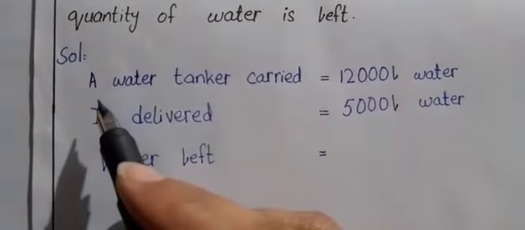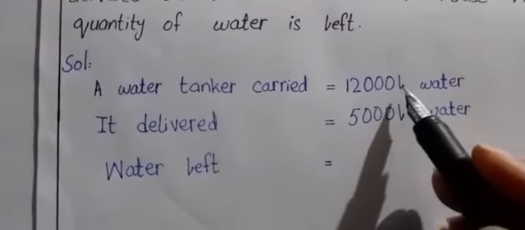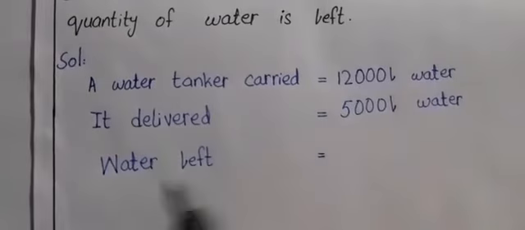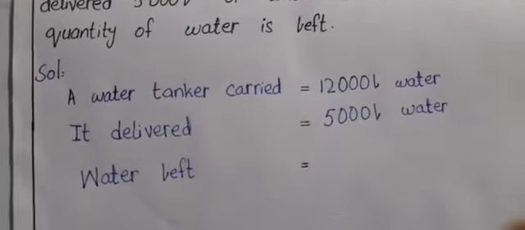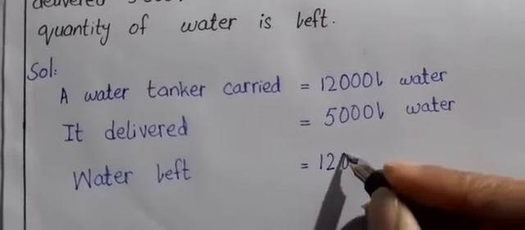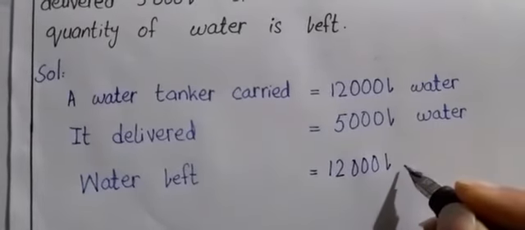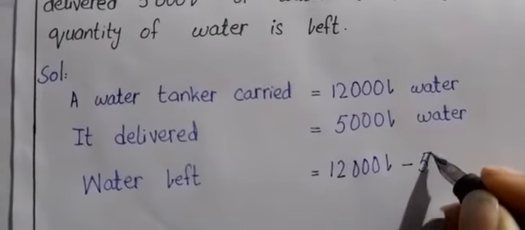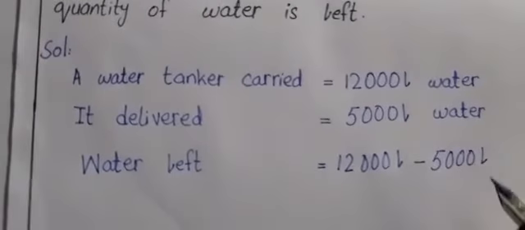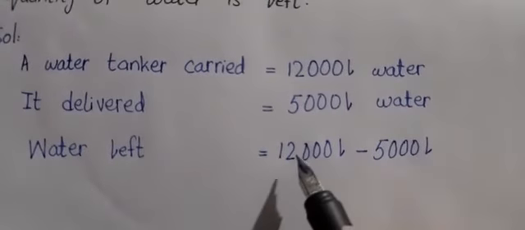Now what we are going to do, our first statement is a water tanker carried equals to 12,000 liter water. It delivered equals to 5,000 liter water. Water left. It means we are going to subtract 5,000 liter from 12,000 liter. 12,000 liter minus 5,000 liter, and we read it as, we have to subtract 5,000 from 12,000.